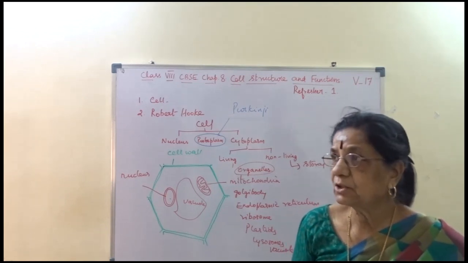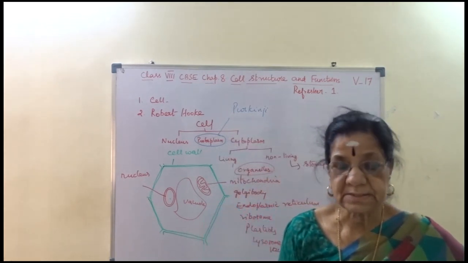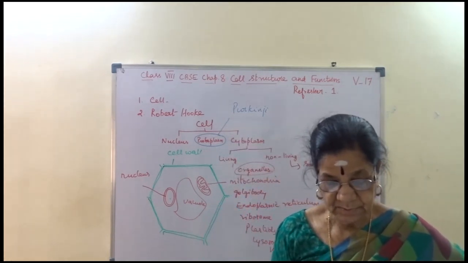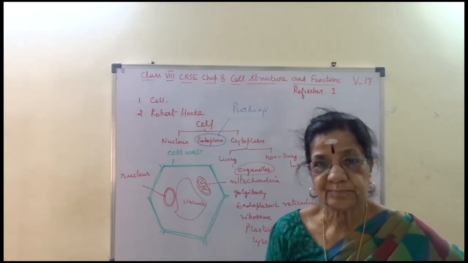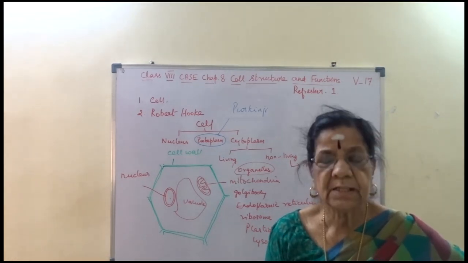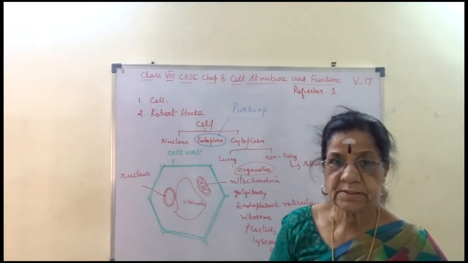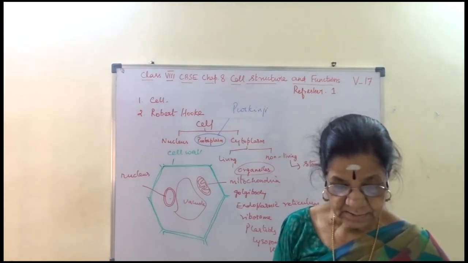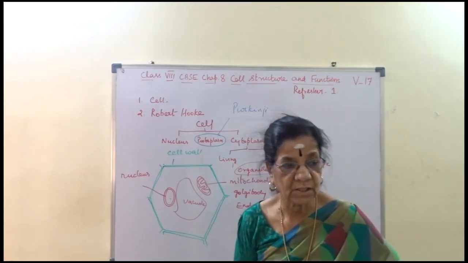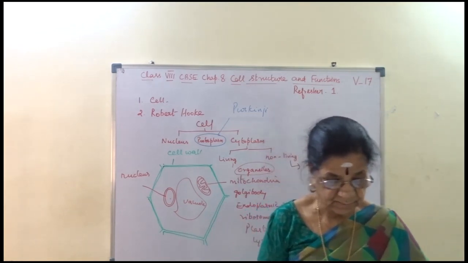Another structure called centrosome is absent in plant cell, present in animal cell. Lysosomes are present in eukaryotic cells, and in animal cell. Plastids are present in plant cell, absent in animal cell.